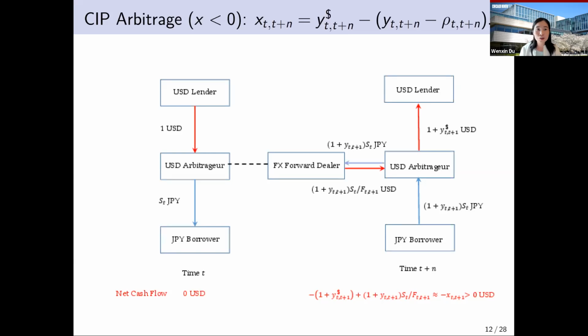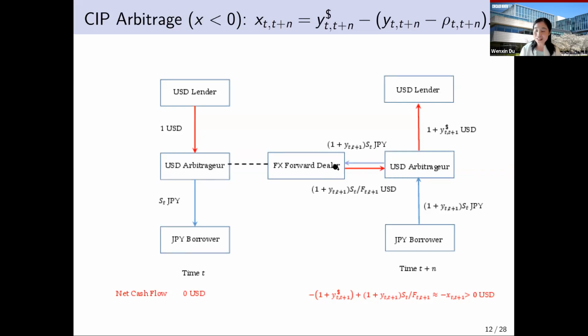Okay, so this is the cash flow diagram for you if you want to see how the arbitrage is actually done. So let's take an example of negative cross-currency basis. I want to borrow directly, I want to invest synthetically, right? So I borrow directly from a USD lender, I change that dollar into yen, I lend out to some yen borrowers, and the yen borrower is going to give me back yen. I don't like that, so I pre-arrange with an FX forward market dealer.